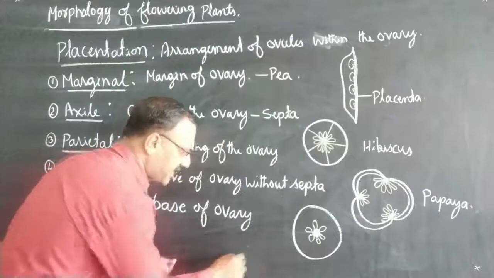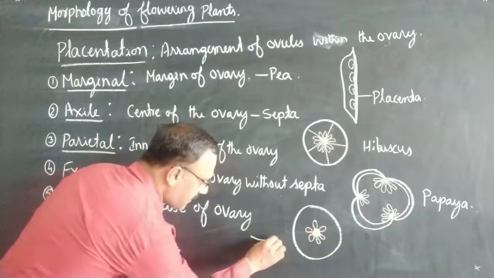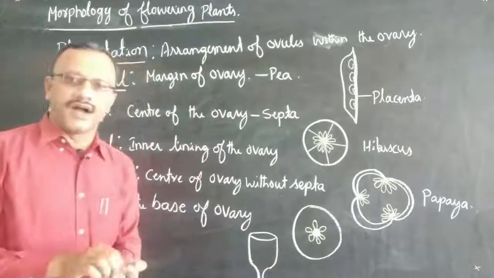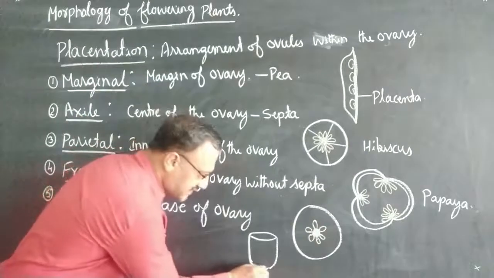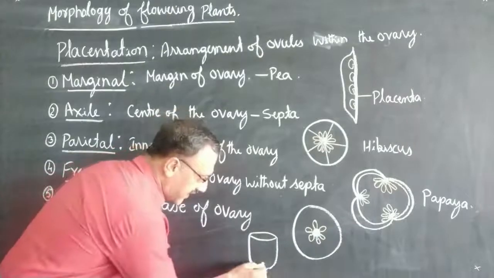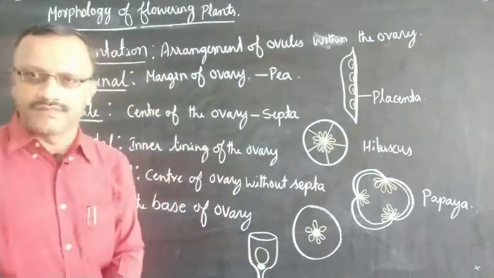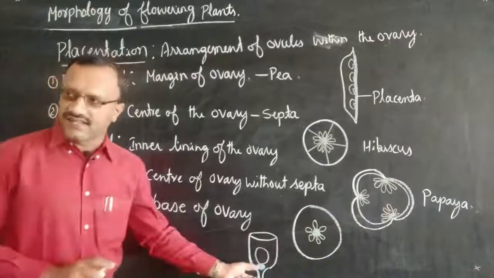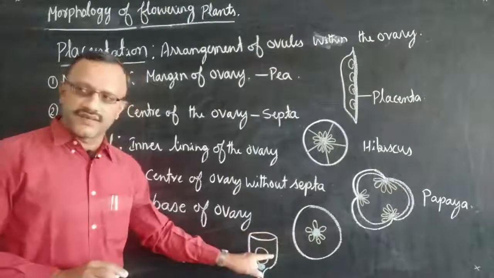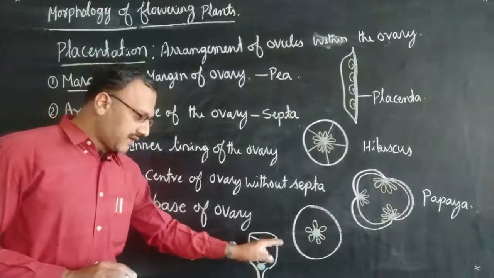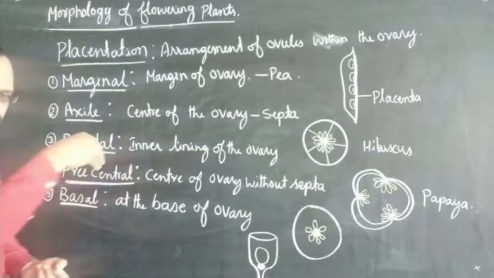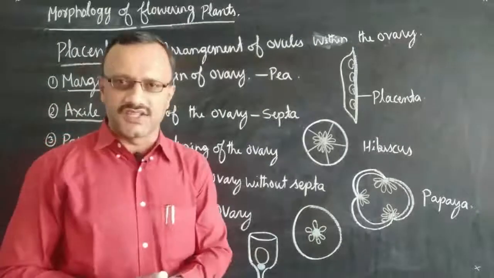In basal placentation, the placenta occupies the base, and at the base it is attached with a single ovule. This condition is called basal placentation, and it is found in sunflower or in tridax. So this is about the different types of placentation found in angiosperms.